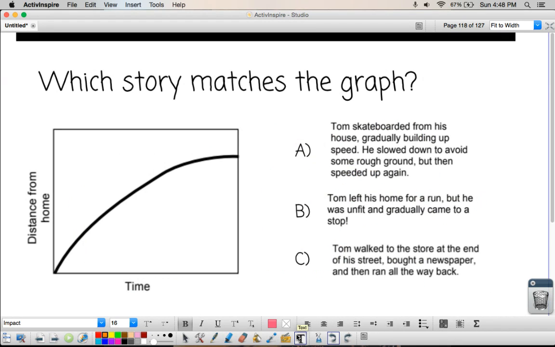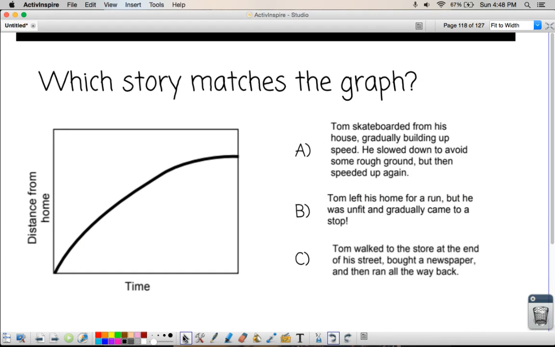So for these next few, you're going to try to figure out which story matches with the graph. All of these have the same axes, and they're all about Tom. So we're looking at his distance from home over time. Every single time, it's his distance from home over time.